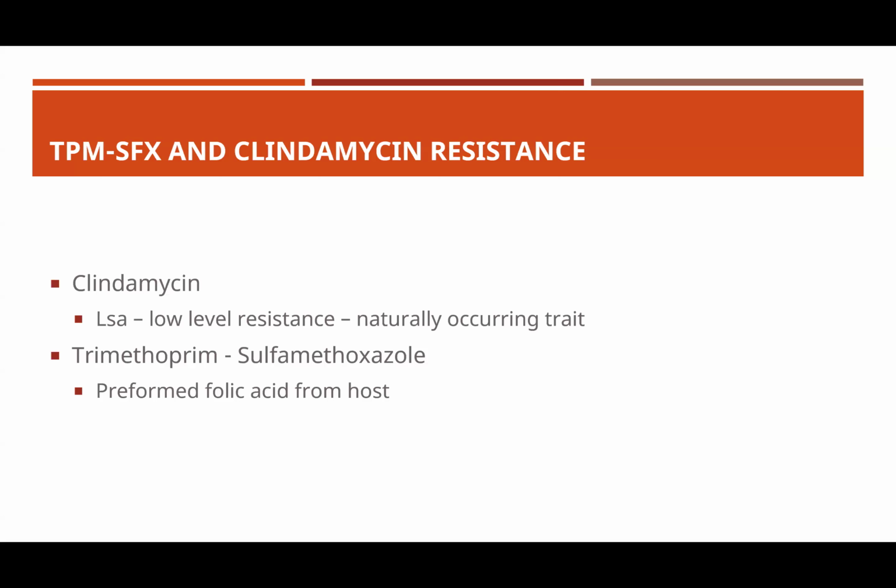In vivo resistance of Enterococci to this combination in animal models appears to be due to the fact that these organisms, unlike other bacteria, can actually use preformed folic acid. This is folic acid that is readily available for use from the human and the animal host. Acquired high-level resistance has been seen in some enterococcal isolates.